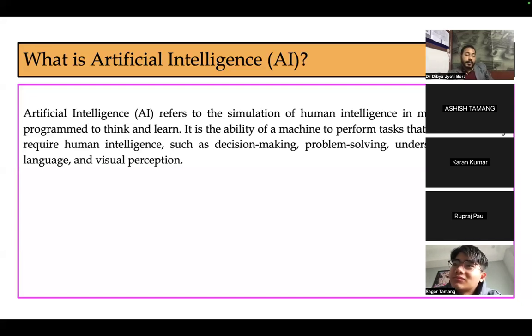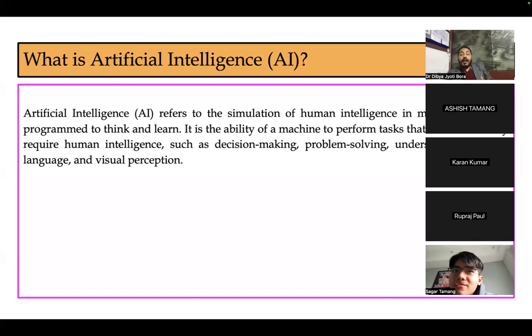So min-max algorithm is one very important example where decision making takes place, right? Then problem solving, we can cite the examples of A star algorithm, AO star algorithm. Then visual perception, we have already gone through different techniques in digital image processing, right? Those denoising techniques, those filtering techniques, those contrast enhancement techniques. All these together actually help us to impose or simulate human kind of intelligence in machines.